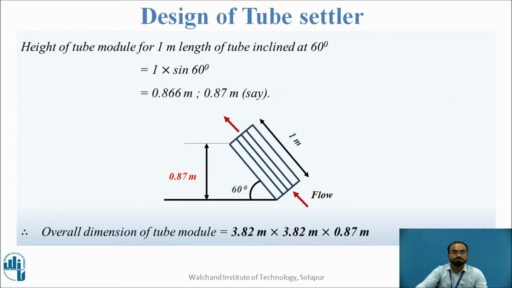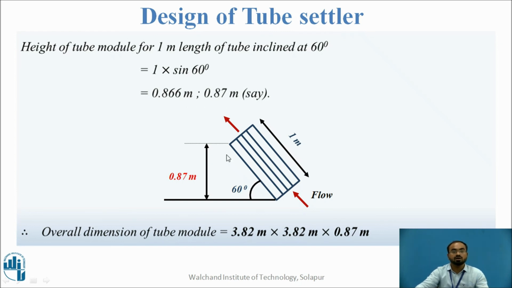As I know the total length, I have to calculate the height of the tube module also. As the tubes are inclined at 60 degrees, the length of 1 meter is not going to be taken. So the relative height will come by multiplying the length by sine 60 degree, that is 1 into sine 60 degree, that is 0.866 meters, or I can take 0.87 meters.